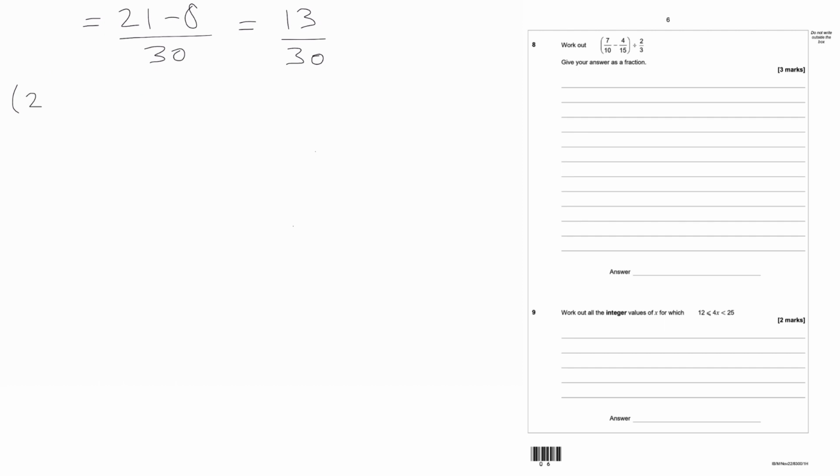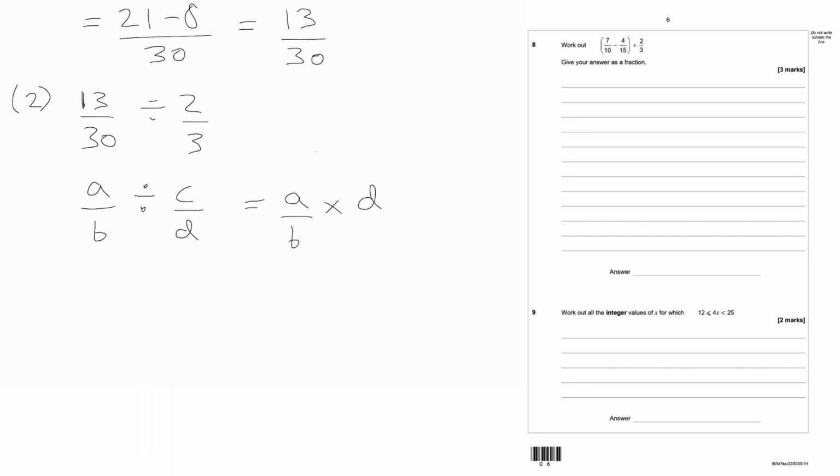So now, going back to what we originally had, we can simplify this as 13 over 30 divided by 2 over 3. Now we can use a nice little trick here, which is that if we have a fraction a over b and we're dividing it by the fraction c over d, this is equivalent to a over b times d over c.